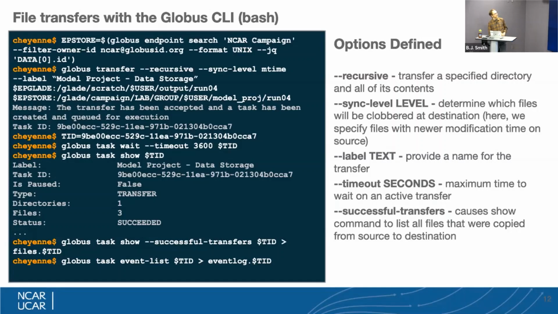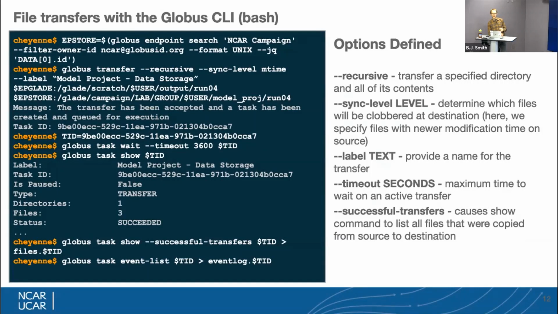And it's kind of a long command, so let's break it down. First, I'm specifying recursive because I'm transferring a directory and I want it to recursively copy all the data in there. I'm setting a synchronization level of modification time, so that's very similar to checking that checkbox in the GUI. But here, again, you have more flexibility with the CLI than you do with the web GUI.